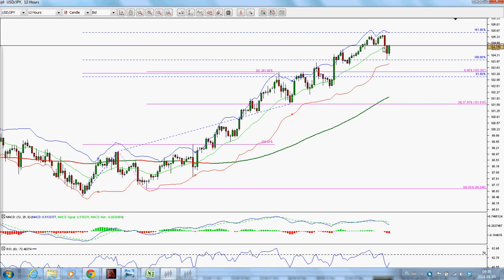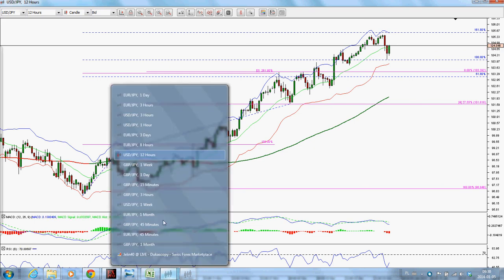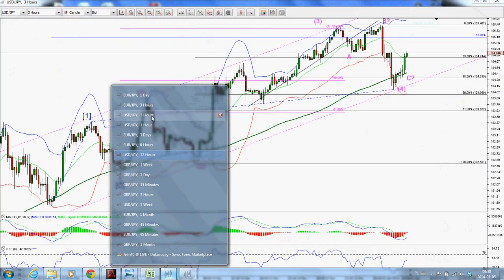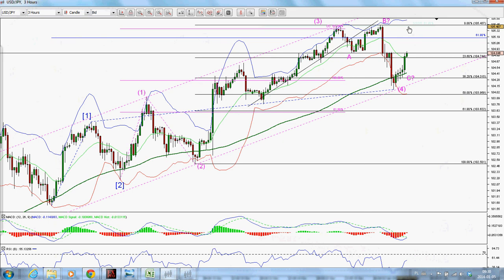It's in the area of the Bollinger middle band, so I'm expecting the market to go to the upside again. This would mean we'll have the pink 5 finished, then we should have a 4th wave, with the 3rd blue finished. I've already done it.